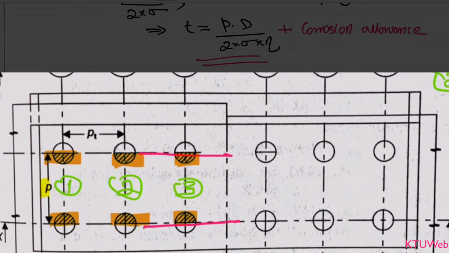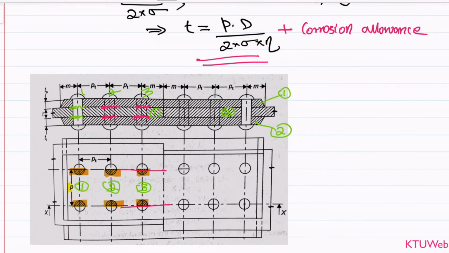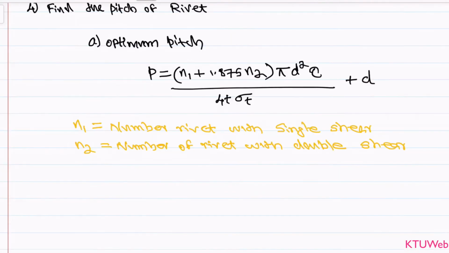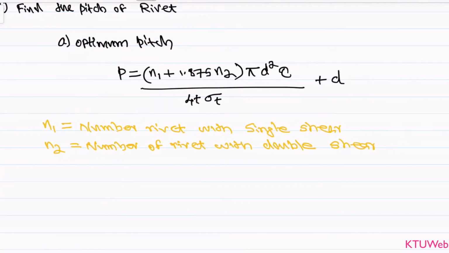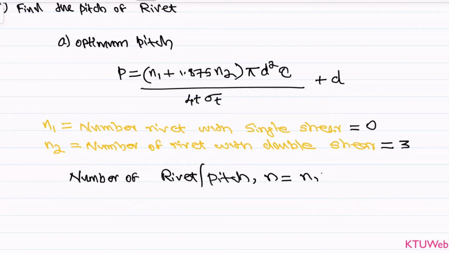That means we have 3 rivets per pitch in this particular design. We can write: number of rivets in single shear is equal to 0, number of rivets in double shear is equal to 3, and the number of rivets per pitch is n1 plus n2, which becomes 3. So this is the information that we have.